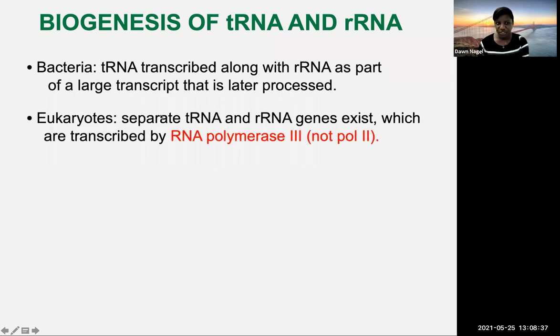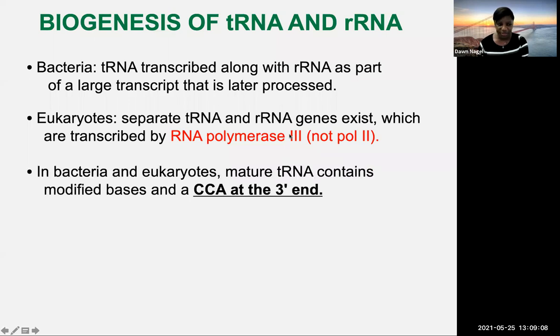Compared to in eukaryotes, you have separate tRNA and separate RNA genes that exist and say, okay, you need to transcribe this particular RNA, okay? RNA polymerase 3 in eukaryotes is particularly responsible for the tRNAs and the ribosomal RNA. But there are some that RNA pol 1 will transcribe, but most of them are transcribed by RNA polymerase 3.